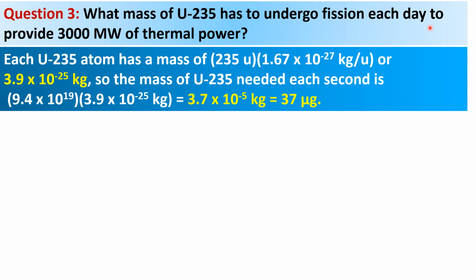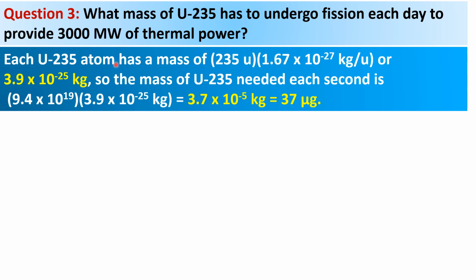Before we will be able to get that amount of uranium to be used in 1 day, we first convert the atomic mass of uranium-235 by multiplying it by this conversion factor. In 1 atomic mass unit, we have 1.67 times 10 to the negative 27 kilogram.